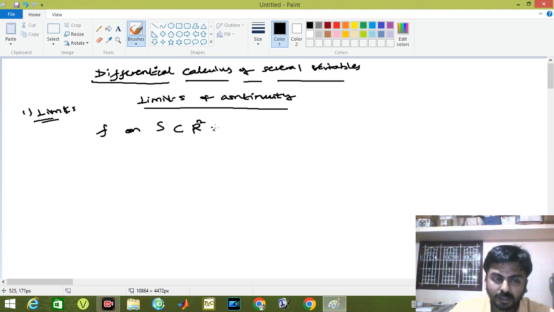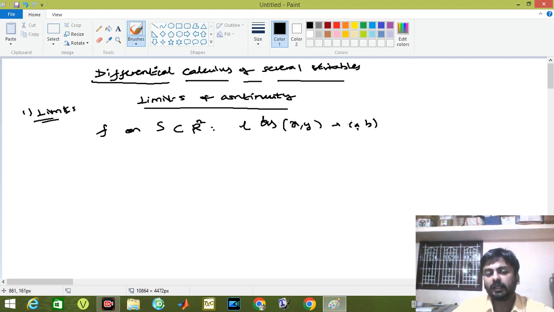So the function f is said to tend to a finite limit L as x comma y tends to a comma b. I hope you are all writing.